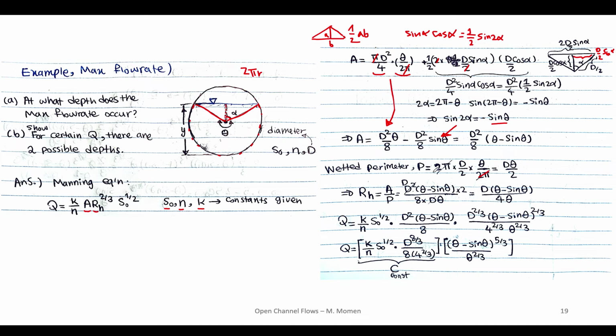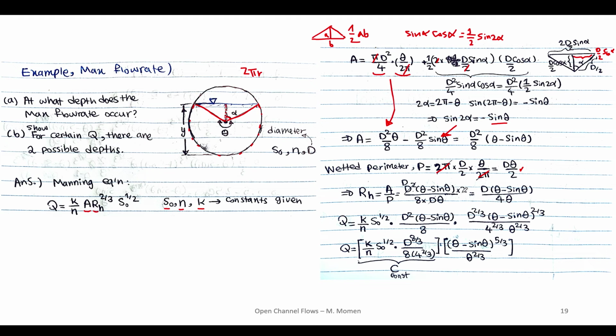And these two terms are going to cancel out, 2 pi and 2 pi. So we are only left with d theta over 2. So this is the wetted perimeter, okay? So now, based on this area and wetted perimeter, I can calculate the hydraulic radius. So the hydraulic radius is going to be A over P, which is d squared times theta minus sine theta over 8, over P, which is d theta over 2, right?